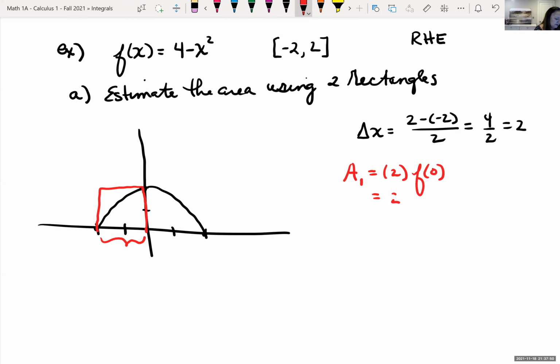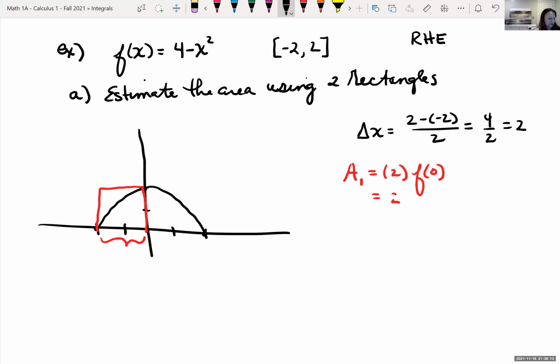Oops, something's off. So that is not a semicircle, is it? Because if I let x equals 0, that's going to be 4. This is why, I think, I was thinking of the square root.